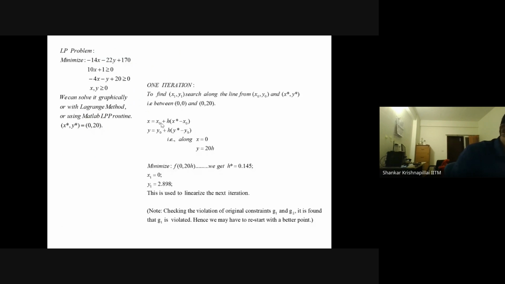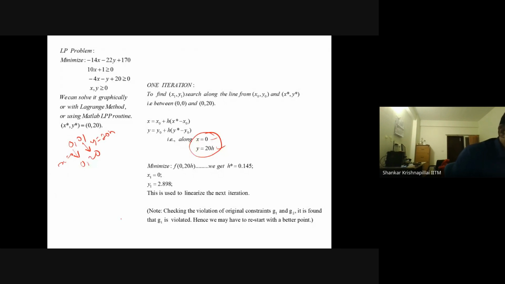This is the parametric equation of the line joining 0, 0 and 0, 20. So x will be 0 and y equals 20h.